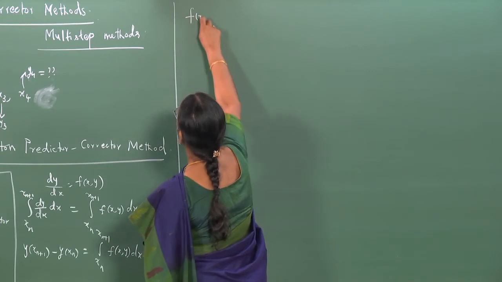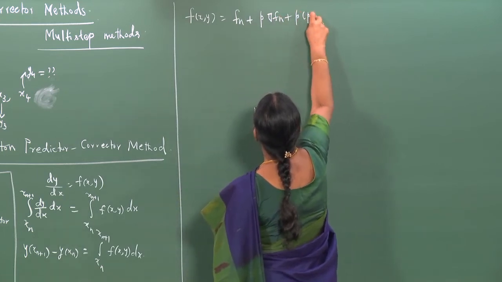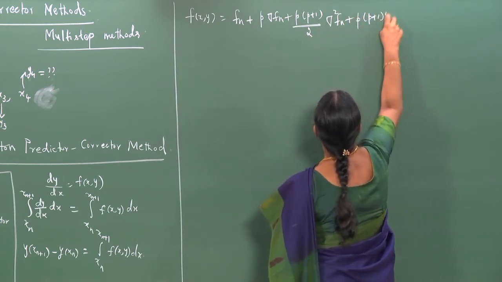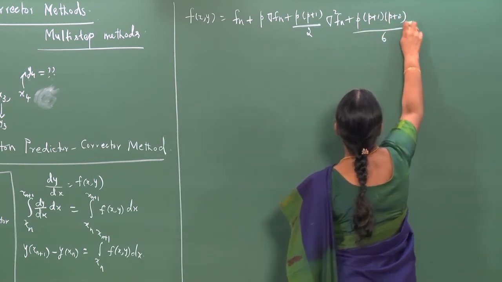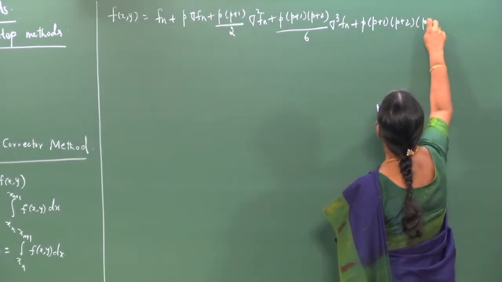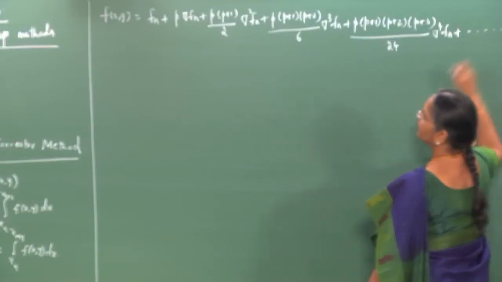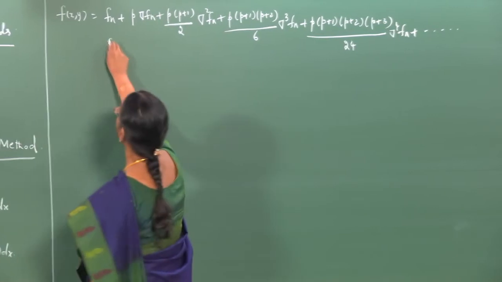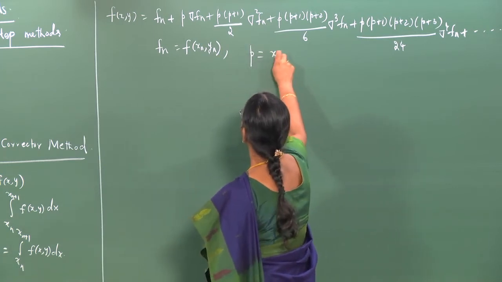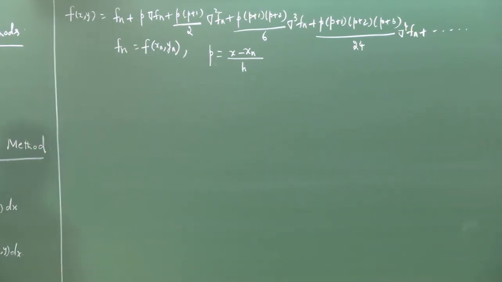So, f of x comma y is fn plus p into delta fn plus p into p plus 1 by factorial 2 into del square fn plus p plus 1 p plus 2 by factorial 3 into del cubed fn plus p plus 1 p plus 2 p plus 3 by factorial 4 into del power 4 fn plus etc. So, by fn I mean the value of the function at xn yn, and by p I mean x minus xn divided by h.